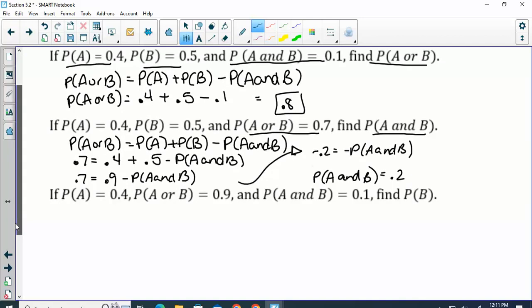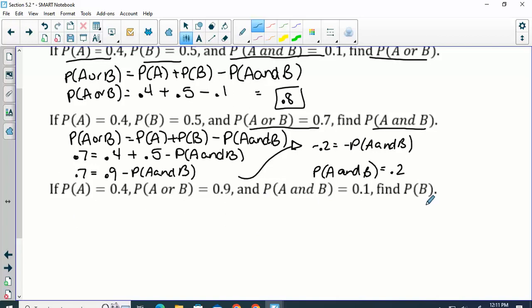Last one. So still using the same formula. So the probability of A or B is 0.9 equals the probability of A, 0.4, plus the probability of B, which we do not know, minus the probability of A and B is 0.1.